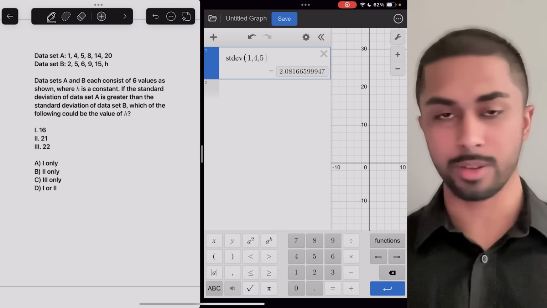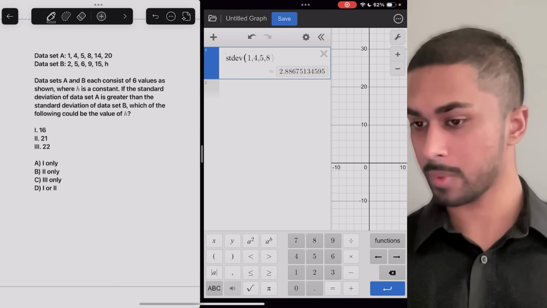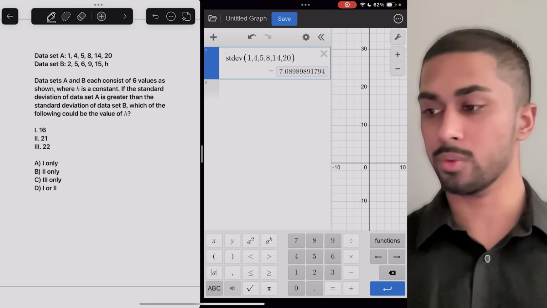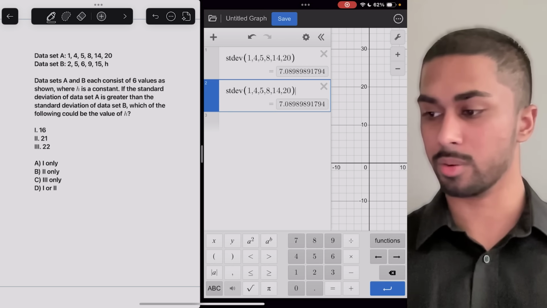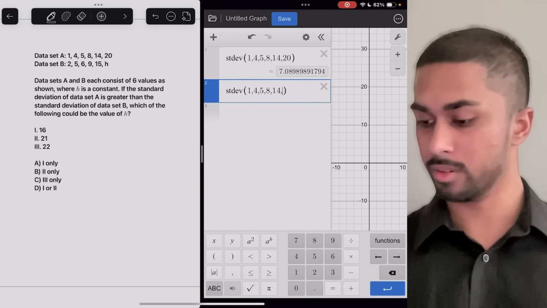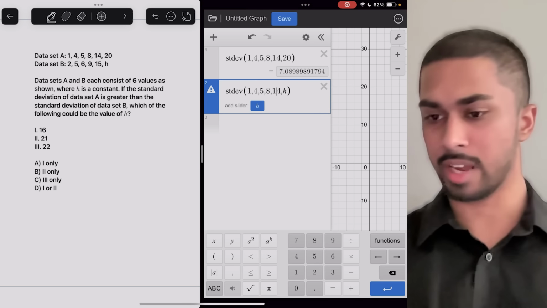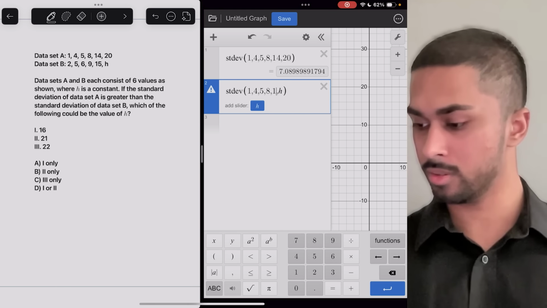So there's a standard deviation function on Desmos. That's what I'm trying to show you right now. And then if you click the settings and duplicate this, right, because these two are pretty similar, just change this into an H. And all of these are exactly one greater. That's what I've noticed.